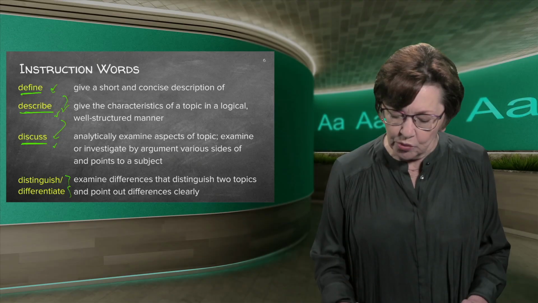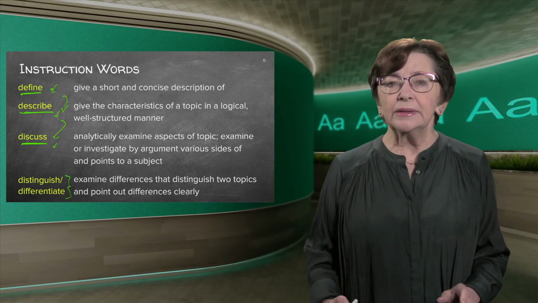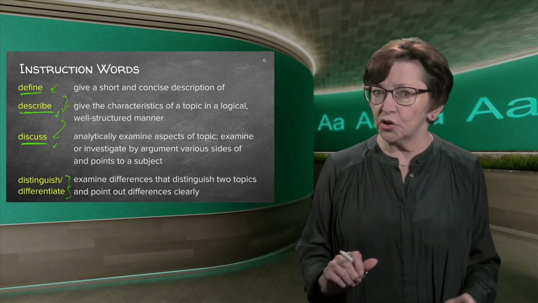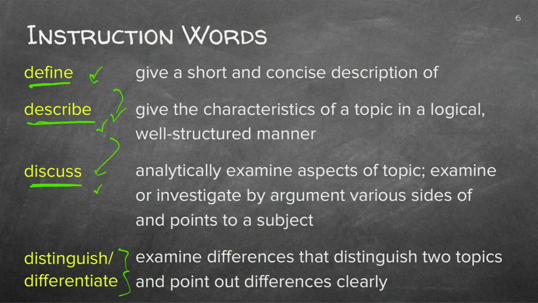When you look at distinguish and differentiate, it takes us back to contrast again. We are going to look at the differences. If you have to distinguish the one from the other, I will say that this is an apple because of these features. This is what essentially an apple is all about.